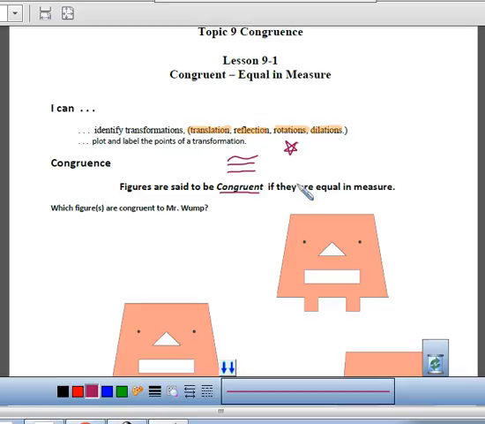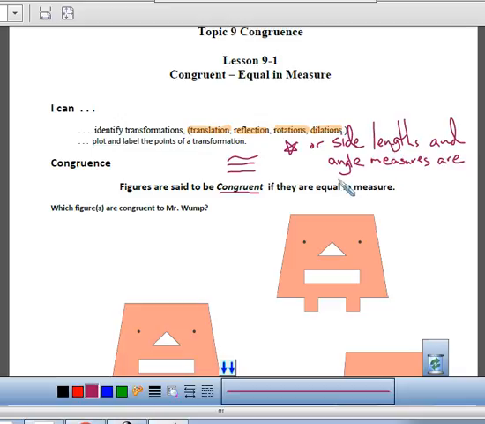I also want you to add this to it. When it says if they are equal in measure, another way to think of it is side length and angle measures are the same.